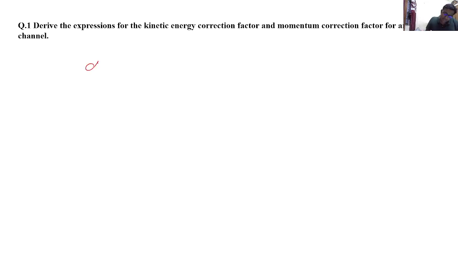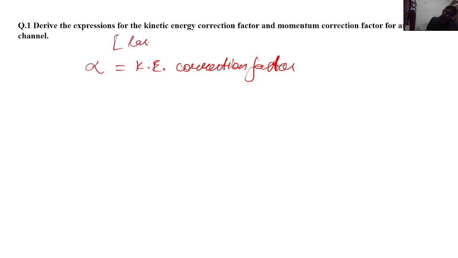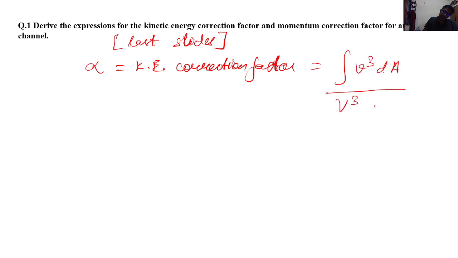I will just finally write the expressions. Alpha, the kinetic energy correction factor, is nothing but integral v cube dA by capital V cube A, where capital V is the average velocity and small v is the actual velocity.